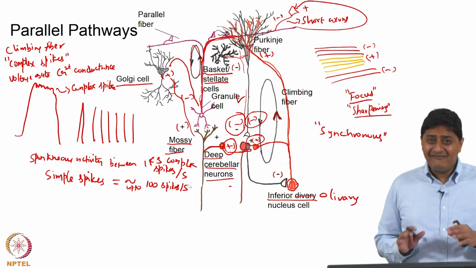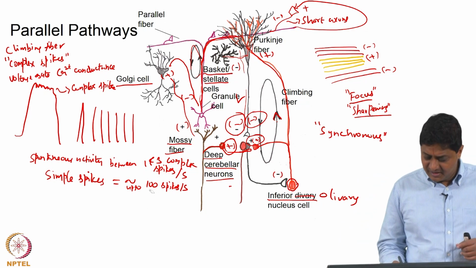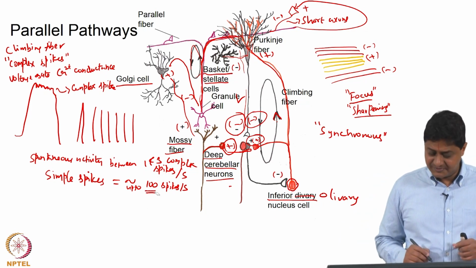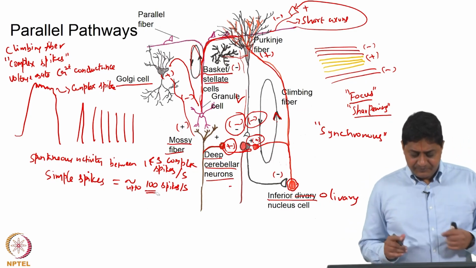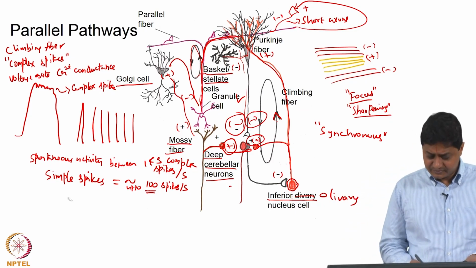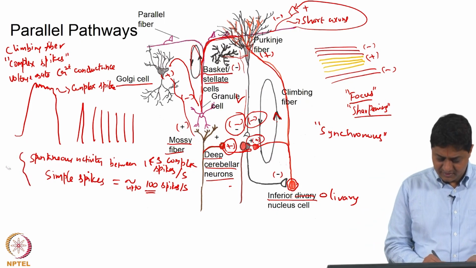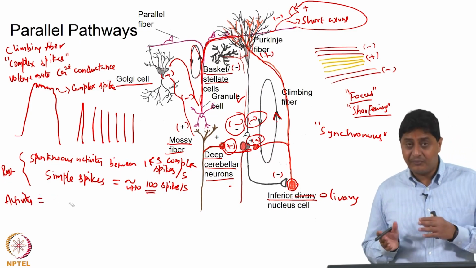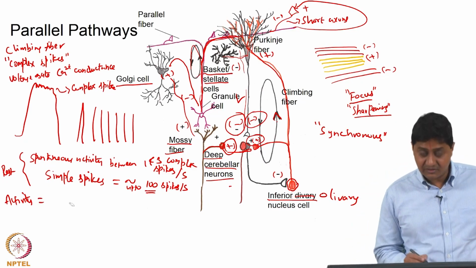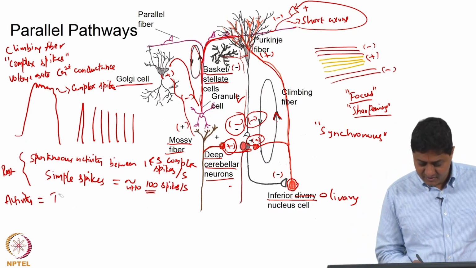But note, even at rest, the simple spikes can be as high as 100 spikes per second. What happens during activity? This is at rest. During activity, climbing fibers produce activity that temporally codes actions or temporally codes events.